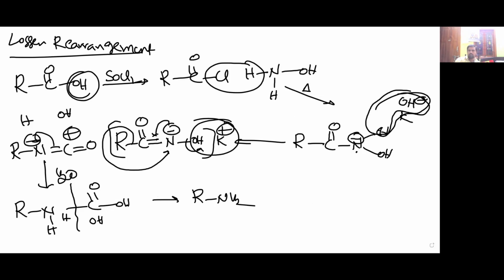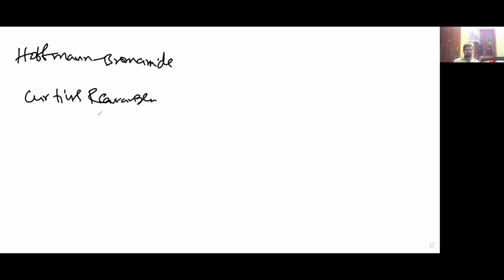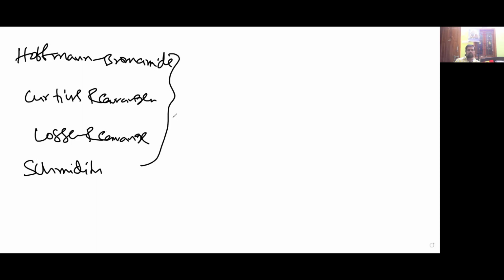The most important thing here, a very important thing, I wanted to tell: in Hofmann bromamide, Curtius rearrangement, Schmidt reaction and Lossen rearrangement, for these four named reactions, the most important reaction intermediate is R-N double bond C double bond O, alkyl isocyanate.